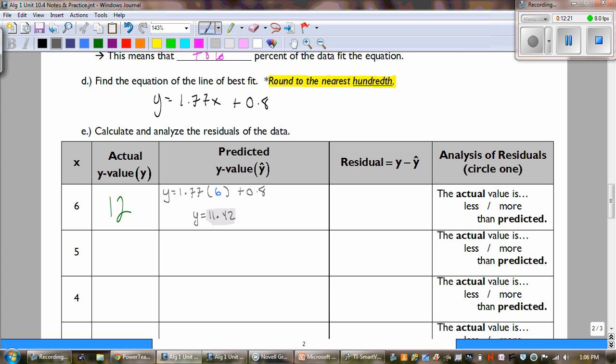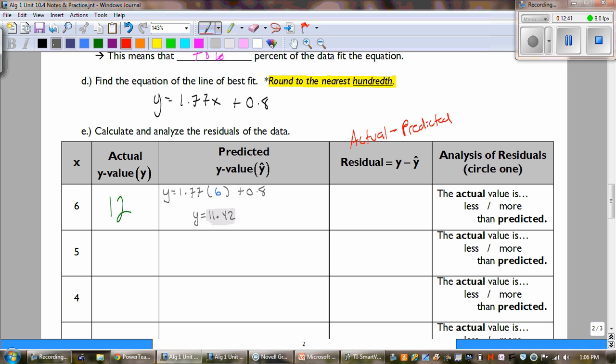And what are we going to do with that? The residual is the y minus y-hat, the y with that little funny thing on top of it. What that's telling us to do is that we take the actual minus the predicted.